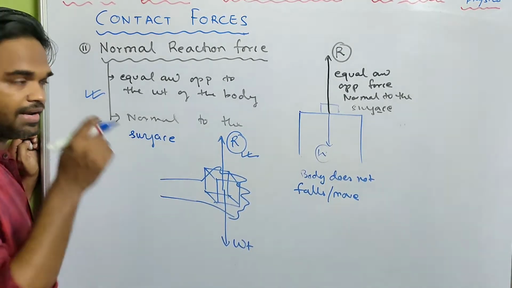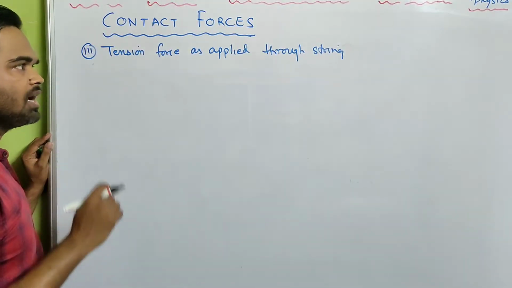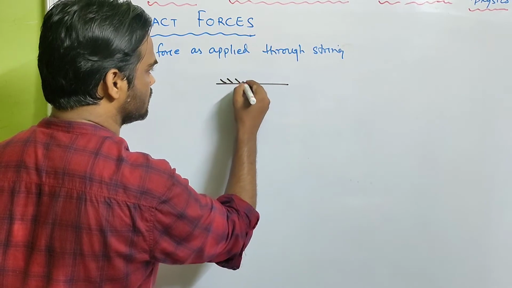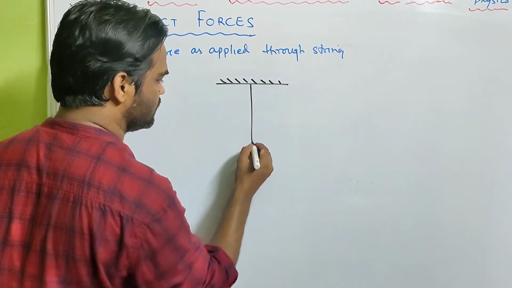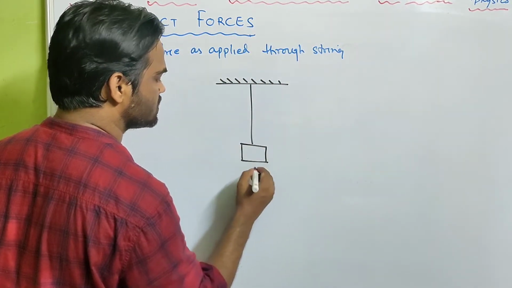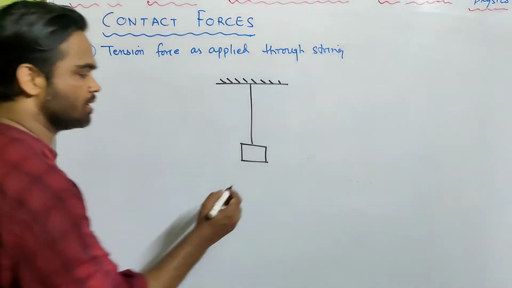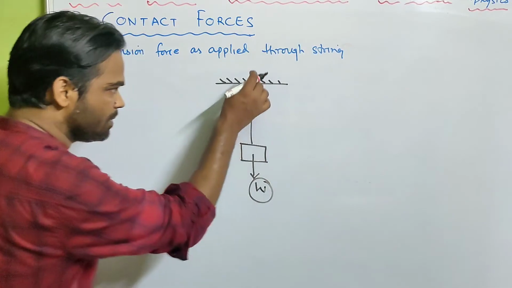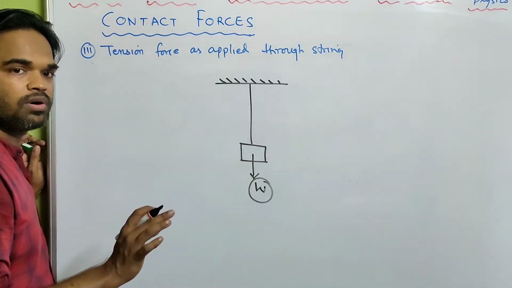Now let us see the next one. Now tension force as applied through string. Now take a rigid support with the help of a string. If I suspend a body, then what happened? The weight of the body pulls the string vertically downward.